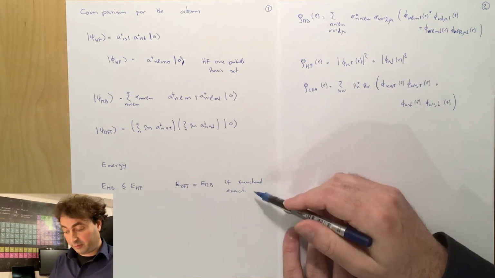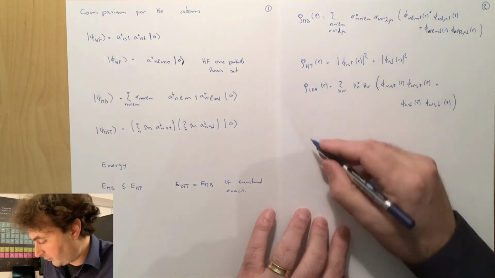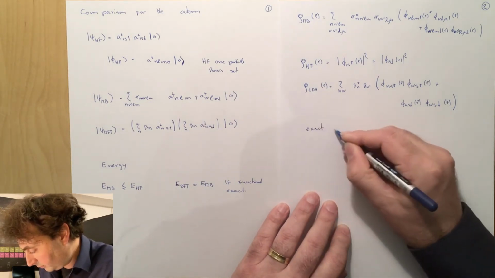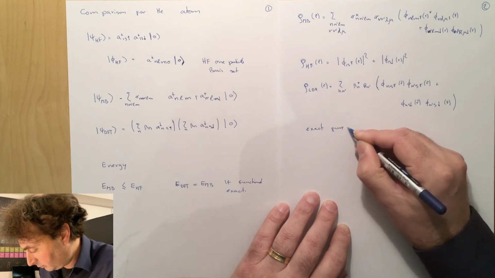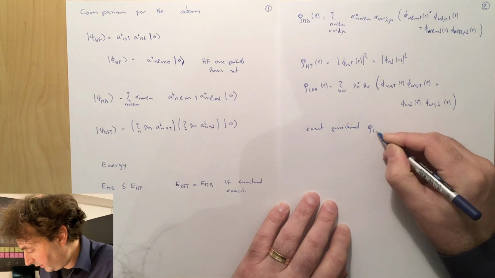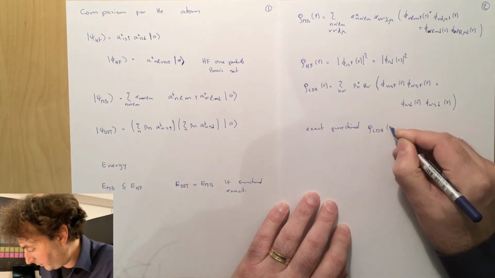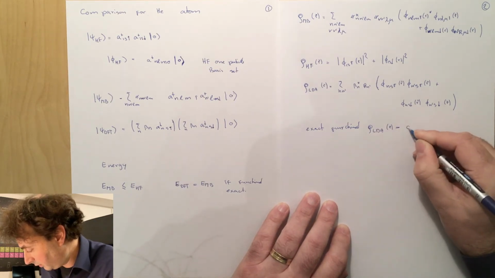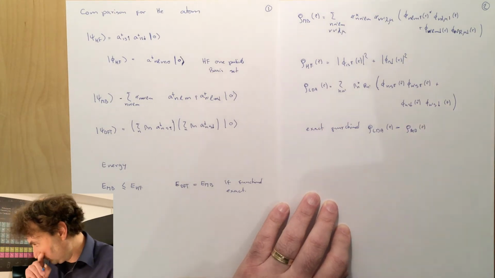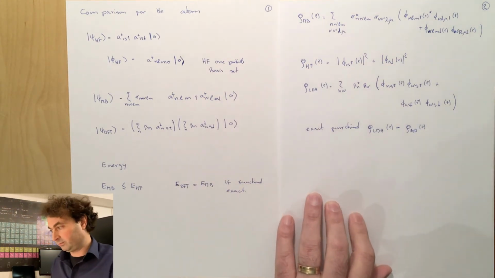Now, for the exact functional, we know that the LDA density is equal to the many-body density.